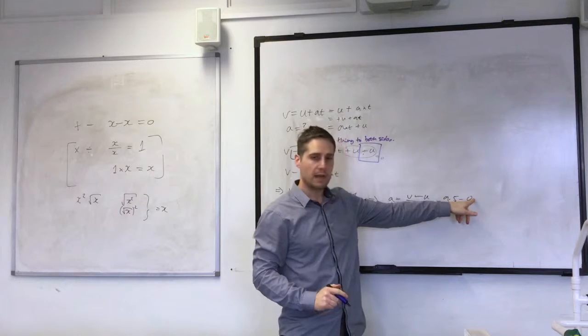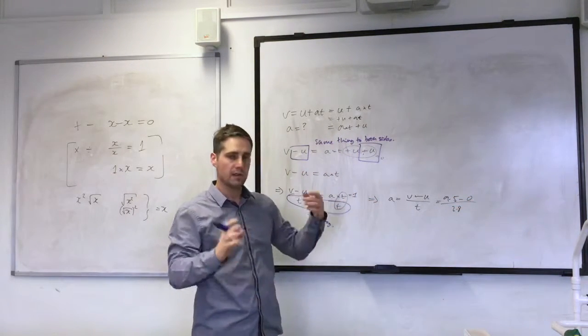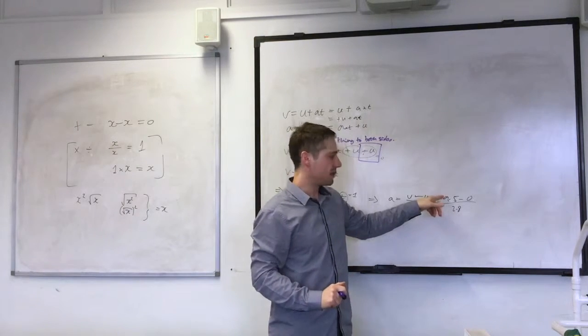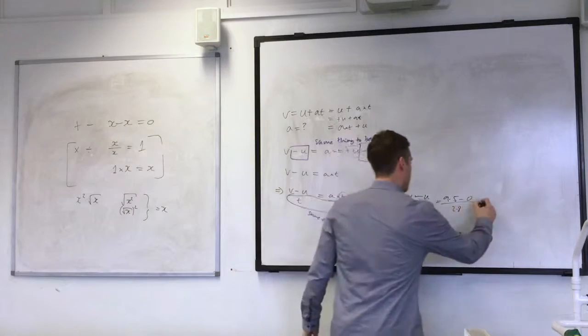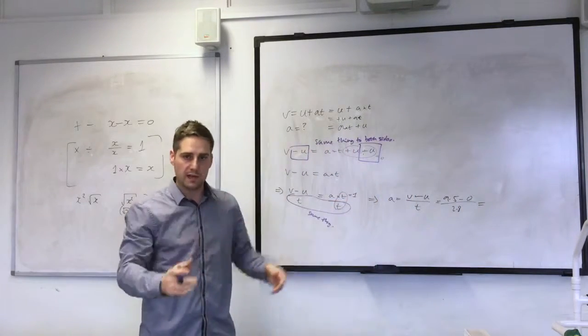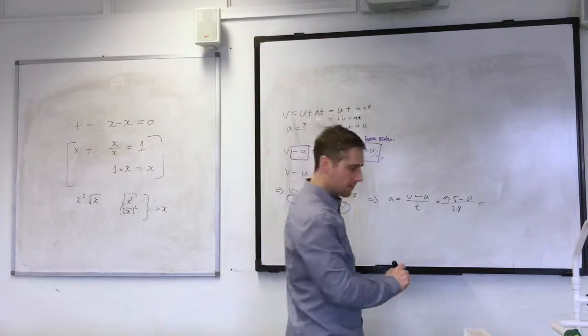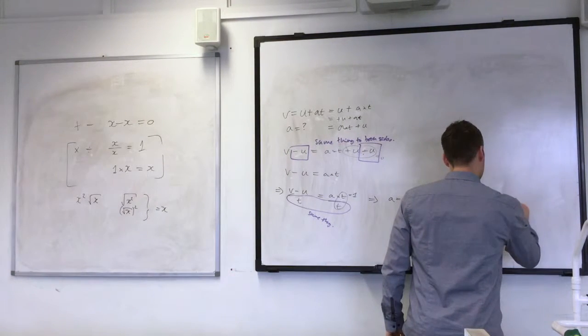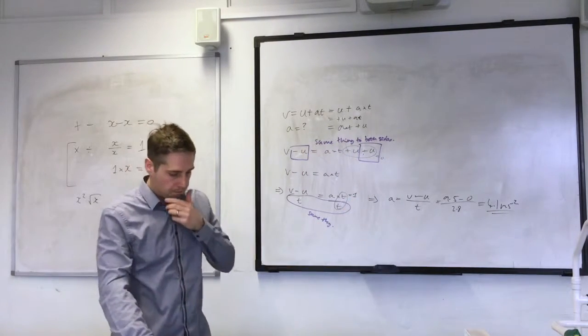If it's from rest, then u is 0. This is a CVAP problem. It reaches 9.5 meters per second in 2.8 seconds. Anyway, the actual understanding of the equation is not too important. We're focusing on the rearranging, and that comes out as 4.1 meters per second squared. Okay, so another example there.